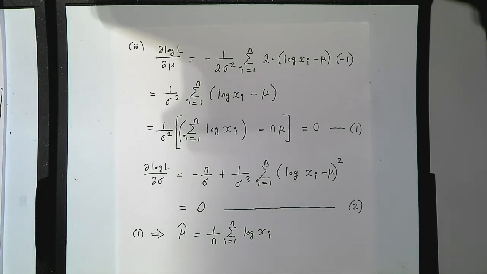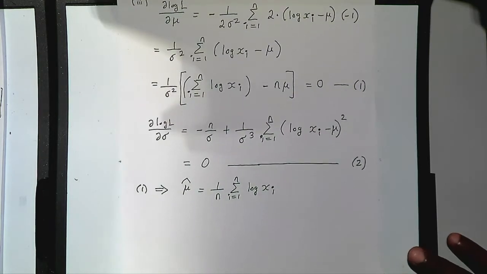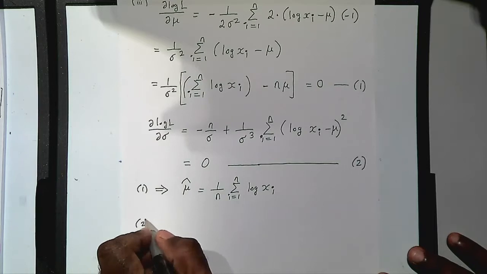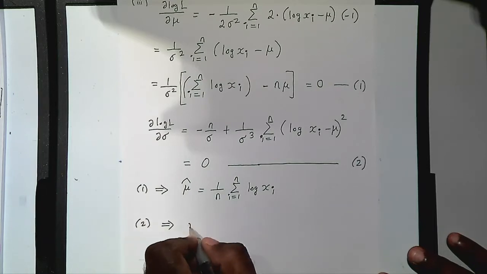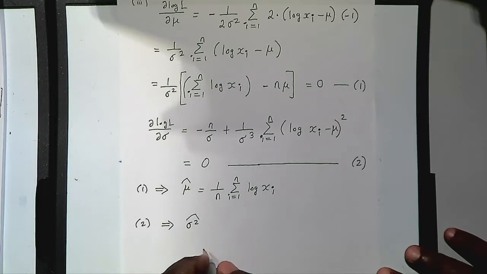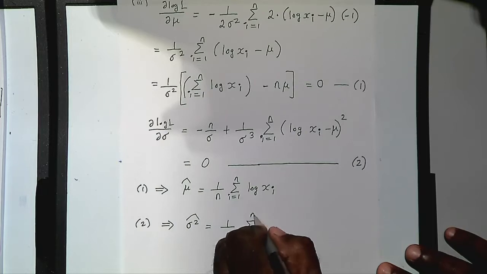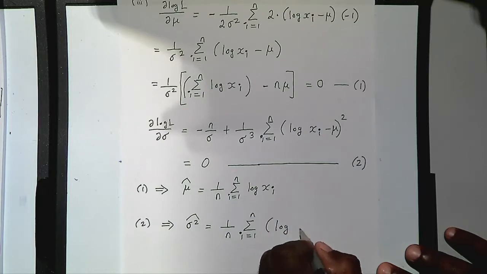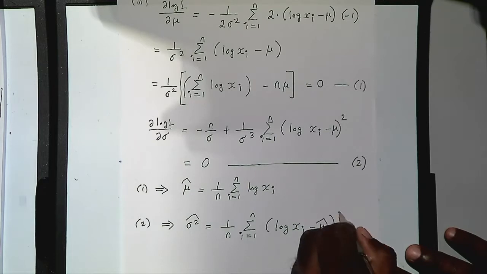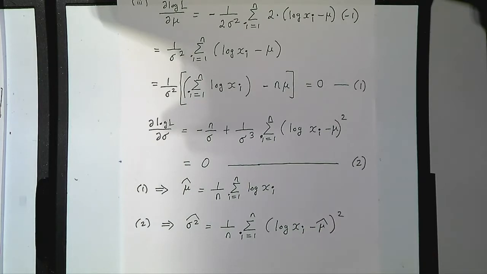Okay, and from equation 2, you can see that the solution for sigma squared is this, right? So these are the solutions for mu and sigma squared. So we are done with step 3. So let's put it over here.